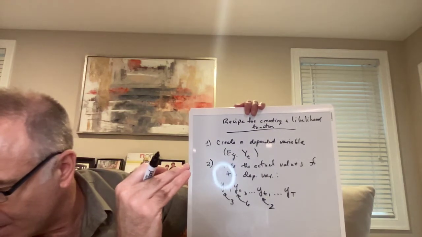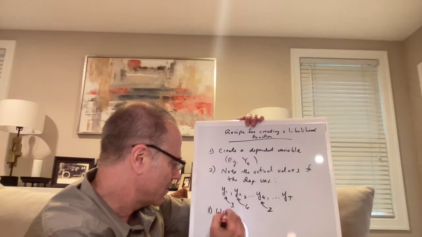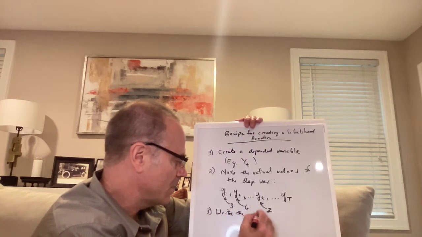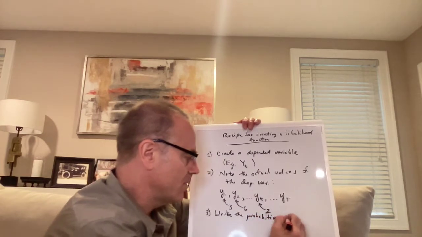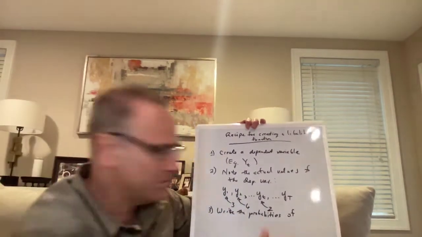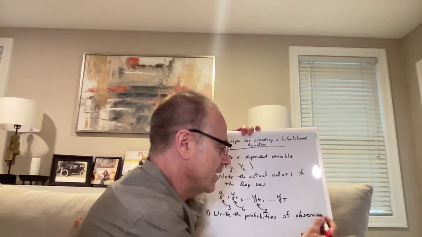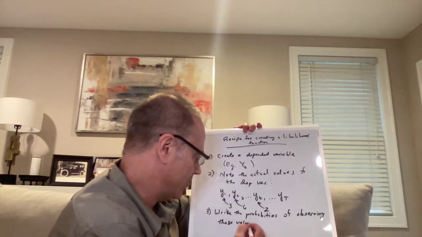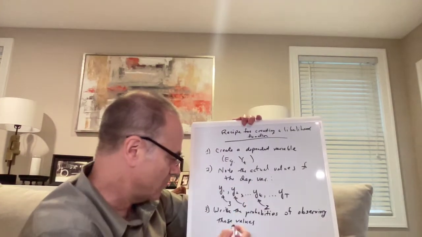Now, next, 3. Write the probabilities of observing those values. That is little y1, little y2, and so on.